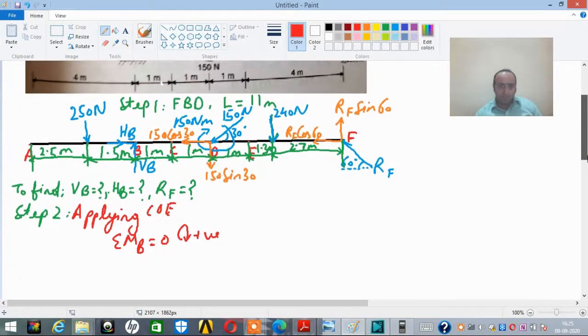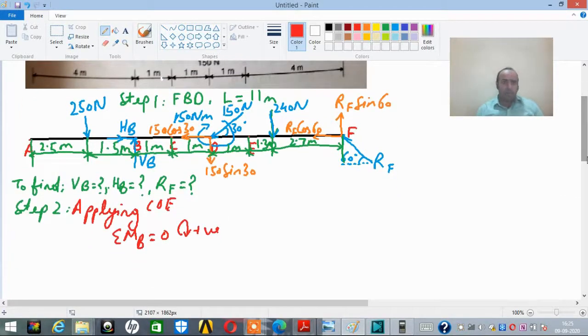Now friends, it's a very interesting problem. One by one, let's see how we can proceed. We are standing at point B, and with respect to B we will be considering the other forces. So minus 250 into 1.5. The 150 Newton meter is causing the body to rotate in clockwise sense, so plus 150 Newton meter.